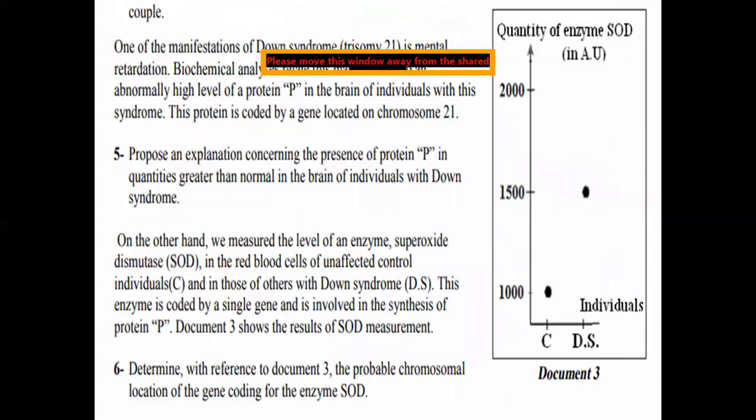Moving on, one of the manifestations of Down syndrome is mental retardation. It said that biochemical analysis relates this to an abnormally high level of protein P. So the individual who has Down syndrome has a high level of protein P. They said this protein is coded by a gene found on chromosome number 21. So they said propose an explanation.